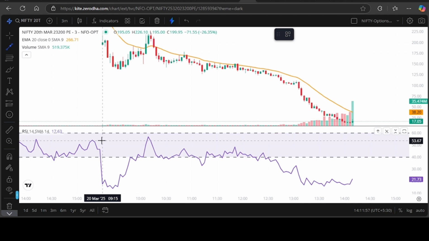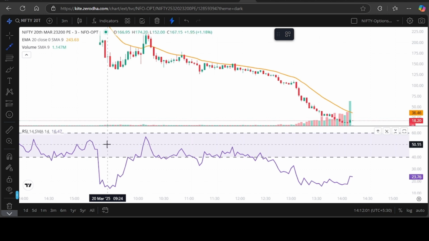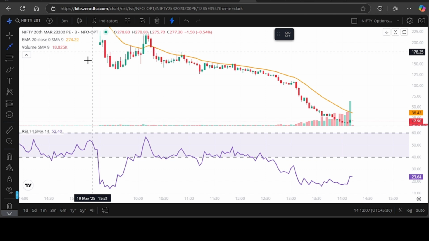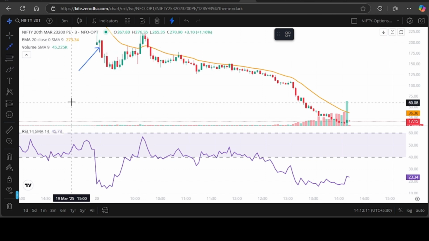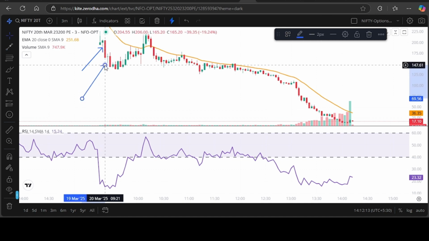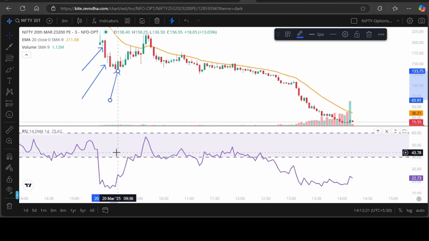In the RSI section, the line went down, so there is no trade at all. Just forget about whether you want to trade on these candles or not, whether it is this or this or here. Don't take this. You see why I'm saying?